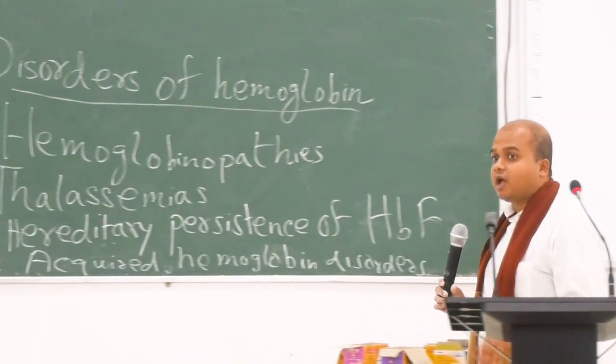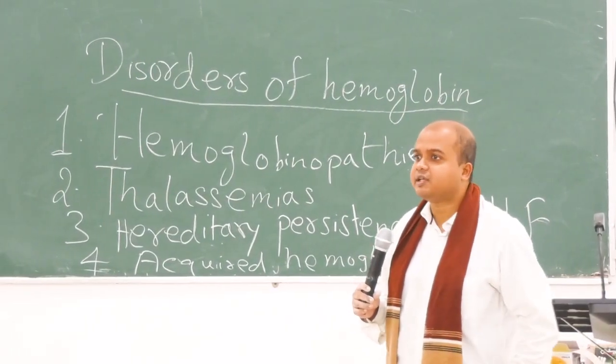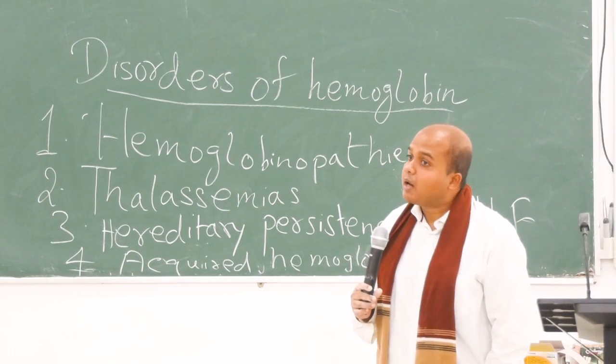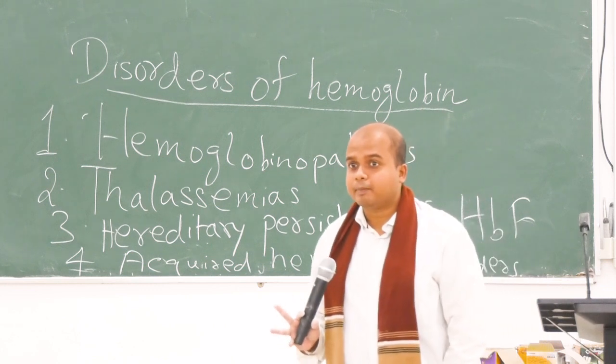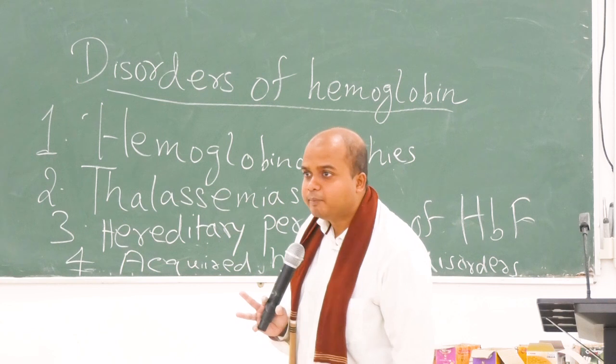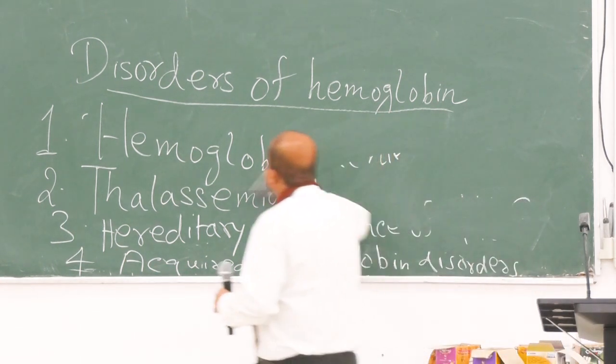Now, hemoglobinopathies, there may be thousands of congenital anomalies, structural defects in hemoglobin synthesis. But one most important, which we spoke about at the beginning, have you heard of sickle cell anemia? How is that designated?